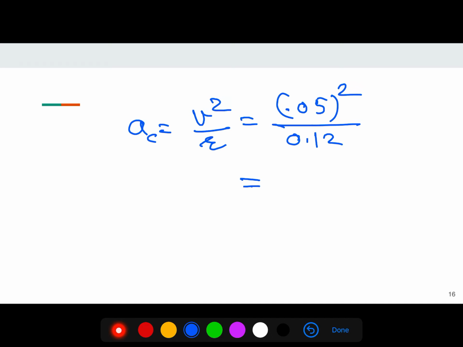Then acceleration will be 0.02 meter per second square. Thus you can do this question.